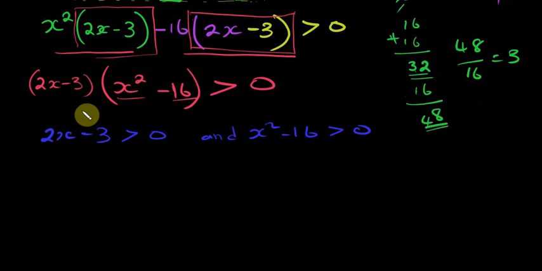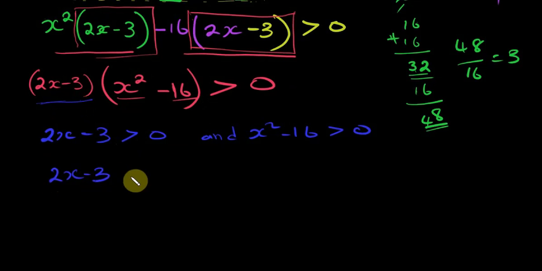Okay, where did we get this? Oh, easy. This comes from solving for one of these factors. Let me show you. Let's say we wanted to find out what is 2x minus 3 on its own. Well, we'll divide by x squared minus 16 on all sides of the inequality.